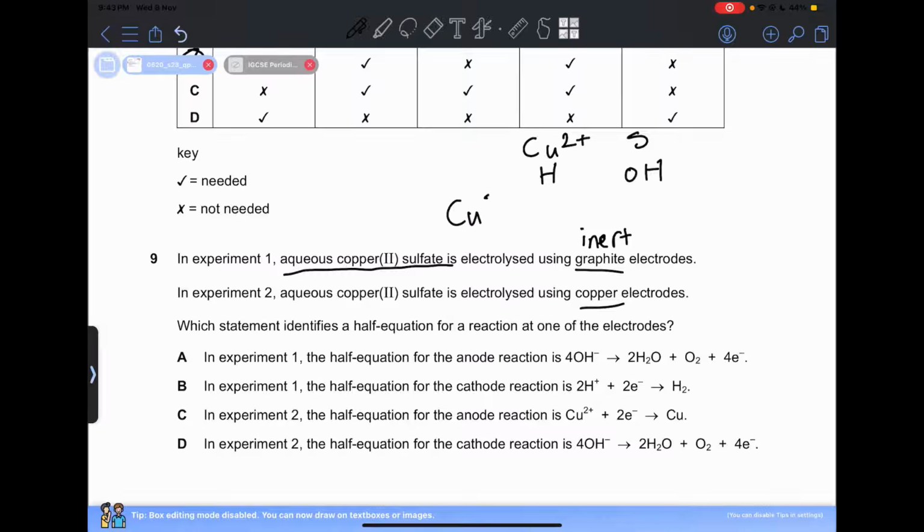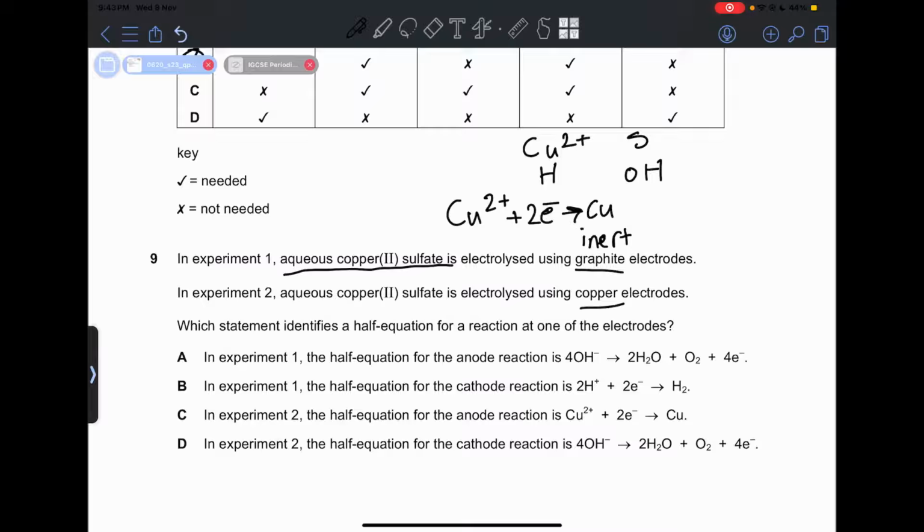So our reaction will be like this. So this is the cathode reaction. In the anode, there will be the hydroxide, and the reaction will be as shown. This is with all the balancing. So this is the reaction.